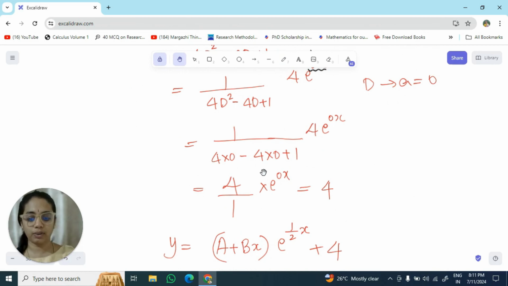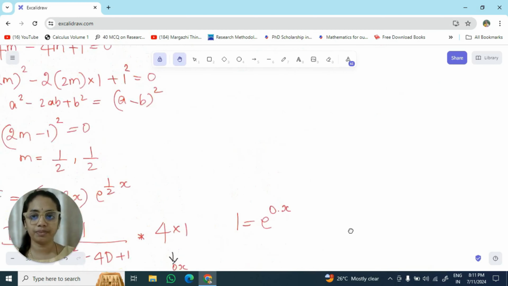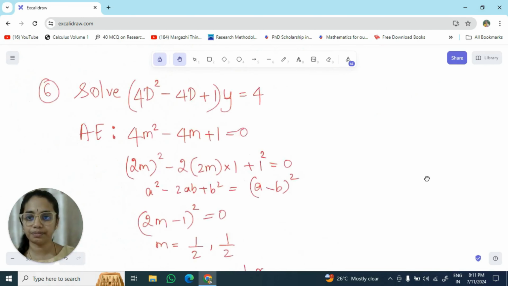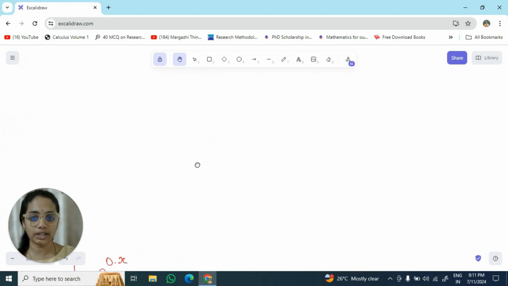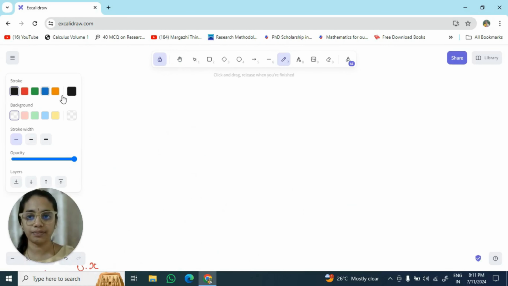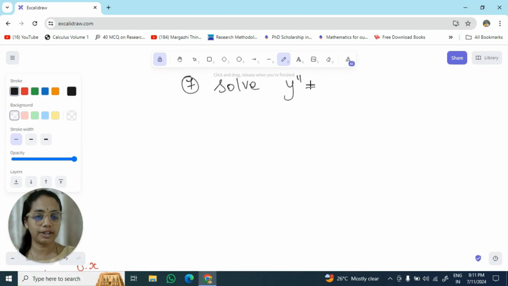Okay. Let us solve another question, the 7th question, right? The 7th question says, solve y double dash plus 2y dash plus y is equal to cos hyperbolic x by 2.